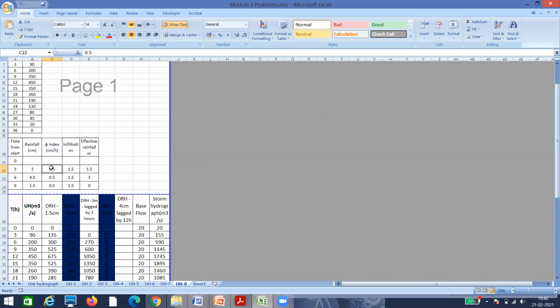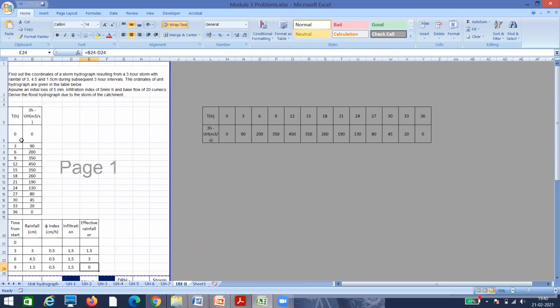Since it's 3 hours, it will become 0.5 into 3, 1.5, 1.5, 1.5. Rainfall minus infiltration gives the effective rainfall. So 3 minus 1.5 is 1.5, 4.5 minus 1.5 is 3, 1.5 minus 1.5 is 0. So the last event is not there. You don't even have to calculate that.